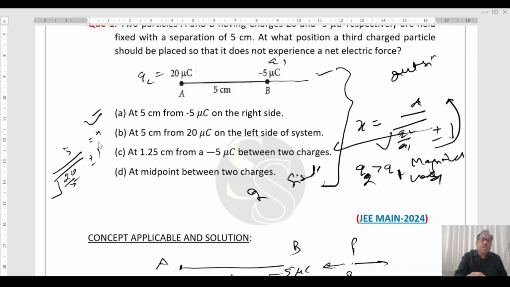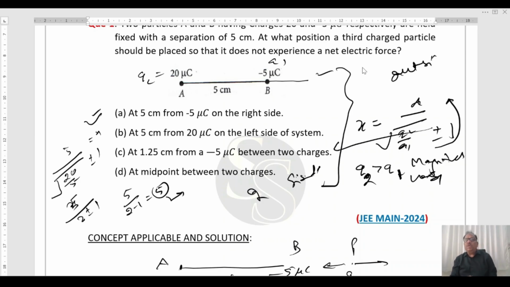This is x equals 5 upon (2 plus minus 1). For outside, it is 2 minus 1, that is 5 centimeter from the right hand side.